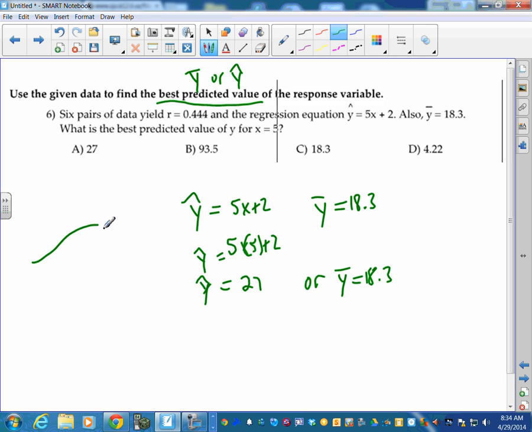Somehow we're going to see if there's a correlation or not. If there is a correlation, we use Y hat. If there is no correlation, we use Y bar. How do you tell what the critical values are?